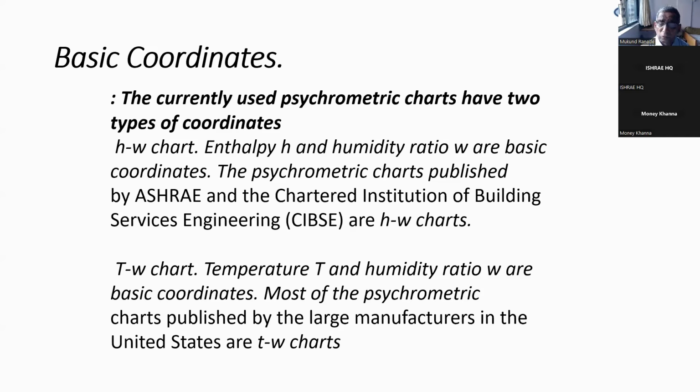So when plotting, first the enthalpy axis is drawn, then the moisture content axis is drawn, and then the entire relative humidity, dry bulb, specific volume lines. That is one type of chart which is used by ISHRAE. But there is another chart which we feel is the actual coordinates, which is the TW chart, where the dry bulb temperature is the axis and the moisture content is the axis.